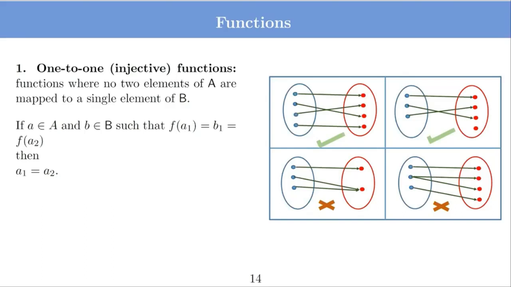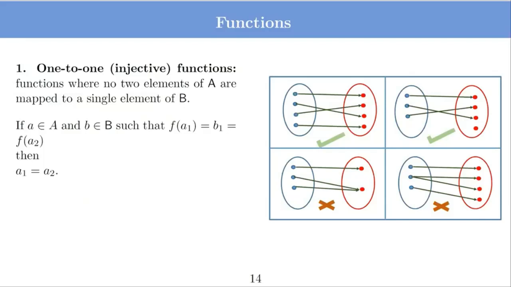First, if you look at the one in the top left, you can see that it has four elements in capital A and four elements in capital B. The blue one is set A and the red one is set B. In this case, you can see that every element of A is mapped to B, and no element of A is mapped to two elements of B. So it is a function.